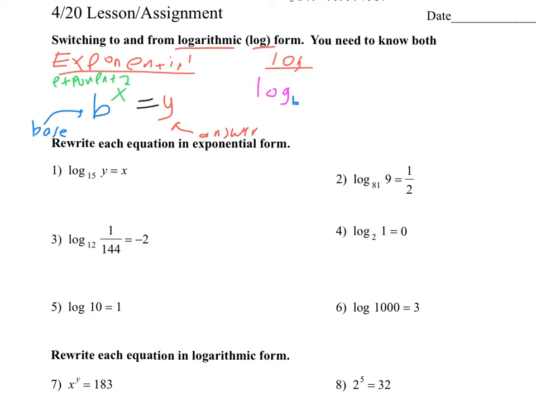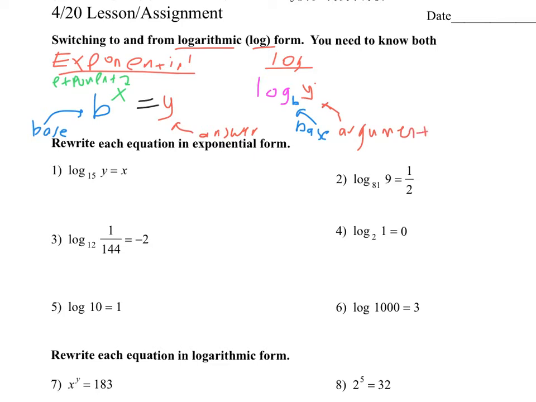So it's written subscript, which is like small letters down below, but it's the same number as whatever was in the base over on the exponential form. So that's the base right there. And then inside of the log, you're going to put whatever was the answer over there, and that's now called the argument.